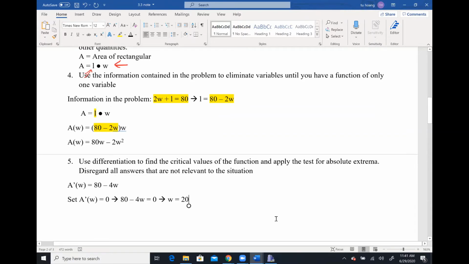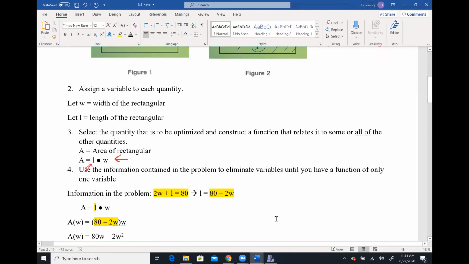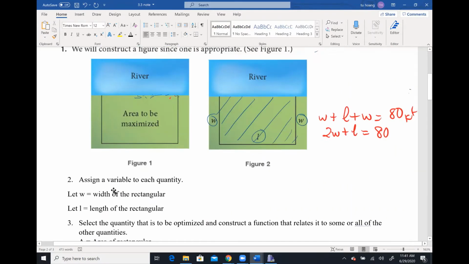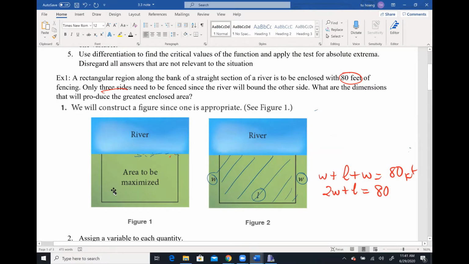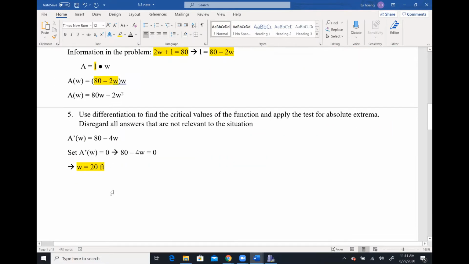Okay, so it should be 20 feet, or inches. Let me see. It is feet, right? Yeah. And since you have W, I'm gonna put down this W is 20. And the question in here is what dimensions, so you also have to find the length.